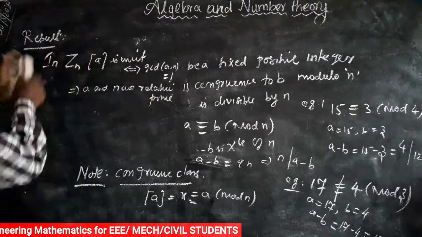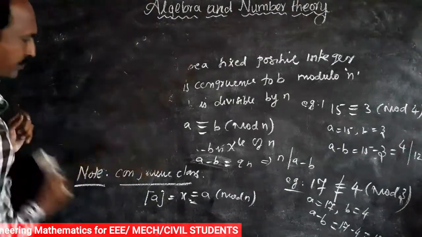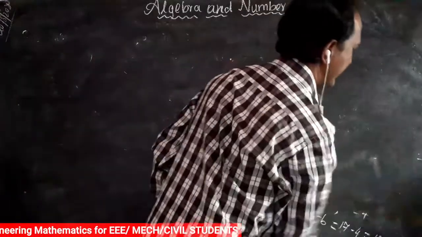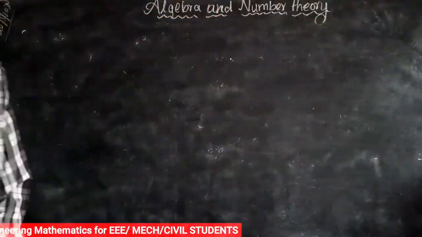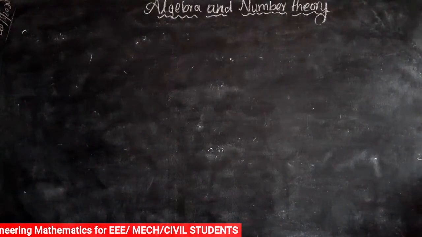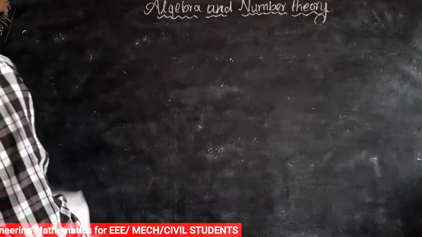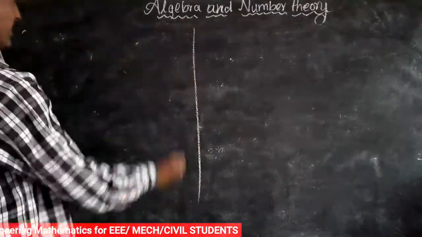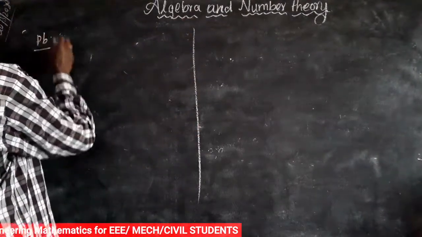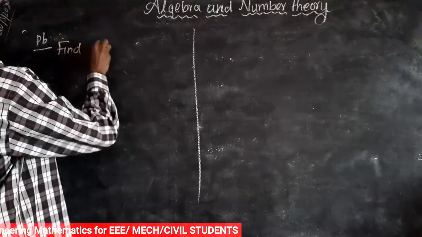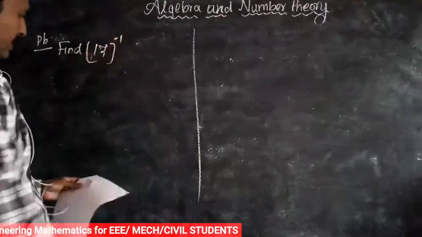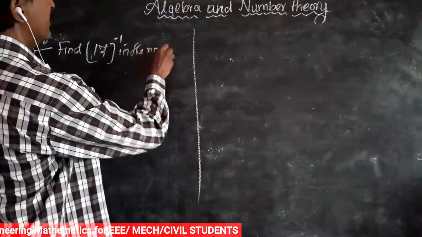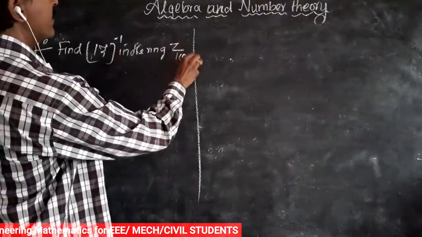For example, it's a very important problem. Problem: find 17 inverse in the ring Z1009.